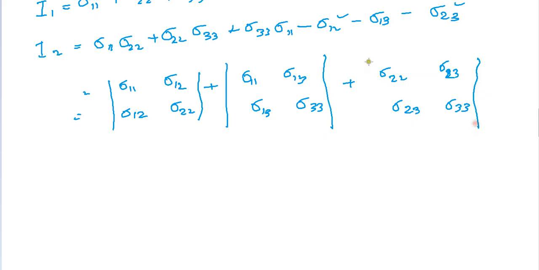So this is the second invariant. And what is the third invariant? The third invariant is nothing but the determinant of the whole tensor sigma.